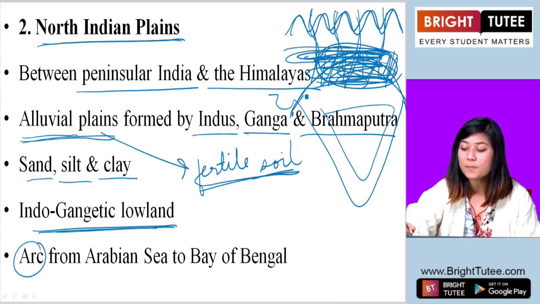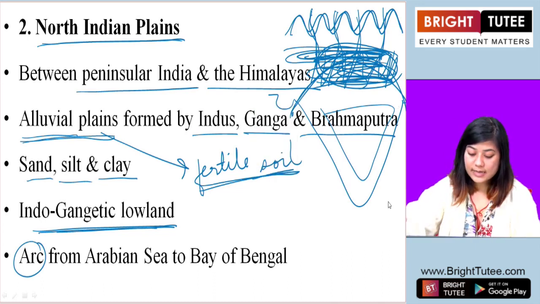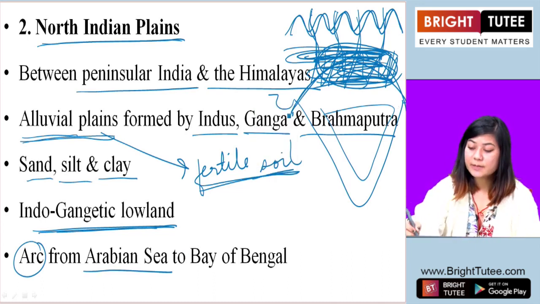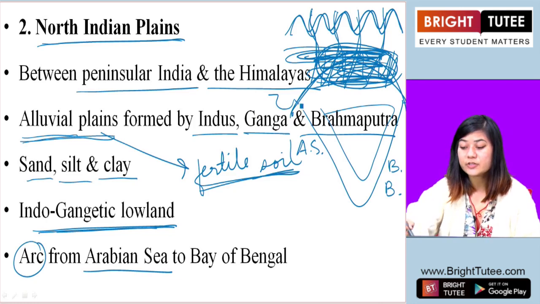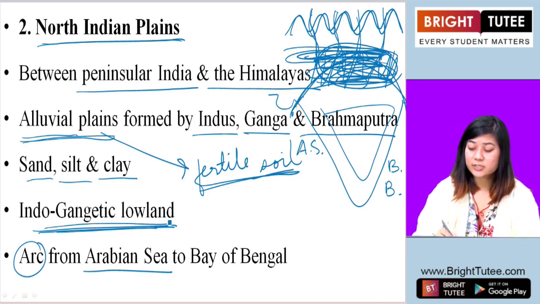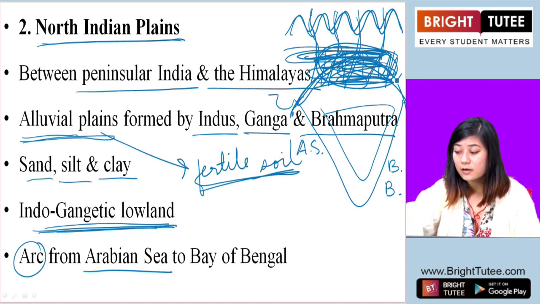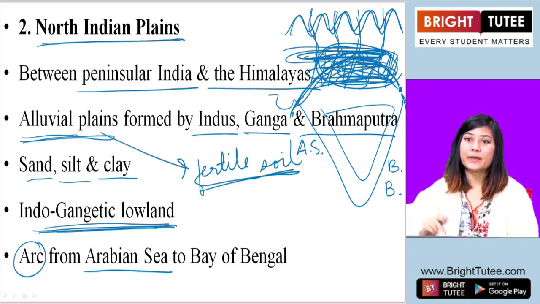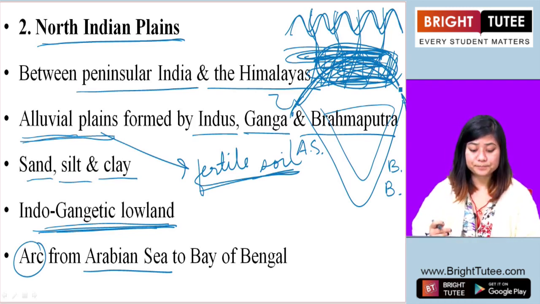So it forms like an arc and stretches from the west to the east. In the west there is the Arabian Sea, and in the east there is the Bay of Bengal. So this arc of Indo-Gangetic lowland extends from the Arabian Sea in the west to the Bay of Bengal in the east, and it thus forms an arc. Alright.